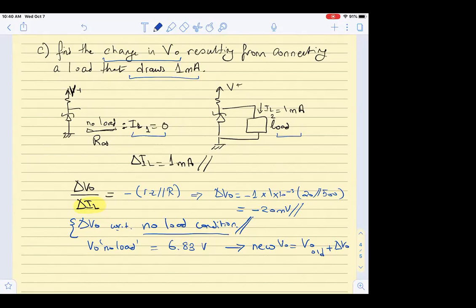Professor Yas, a small question: is it reasonable for the difference to be this small, minus 20 millivolts? It is because RZ parallel to R gives an effective resistance smaller than the smallest value. Because RZ is very small and much smaller than R, the fluctuations are going to be small.